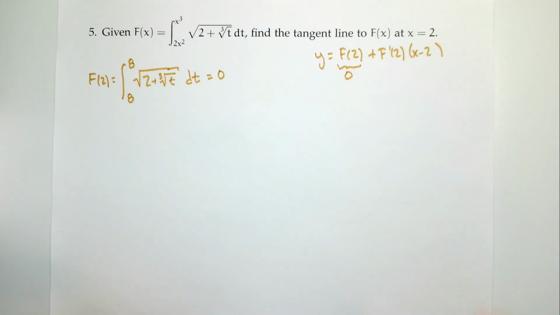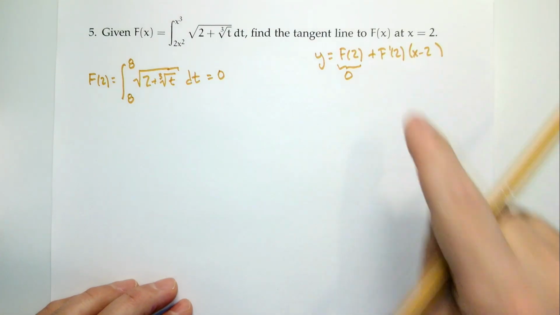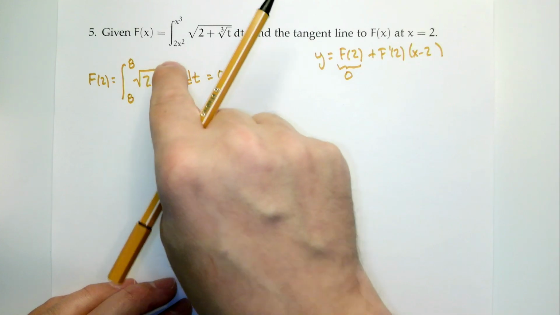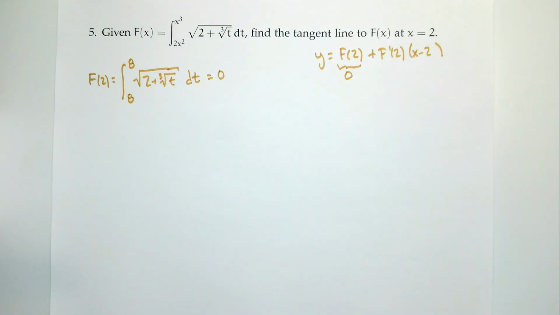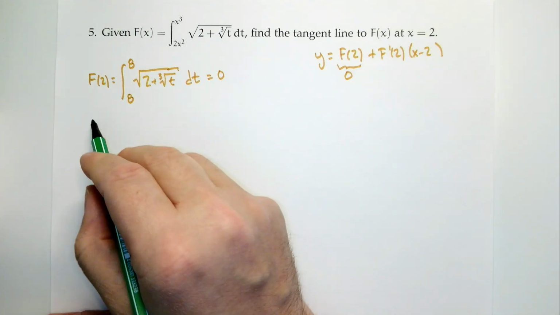Now we have to find the derivative. We know how to take derivatives, and in particular there's that fundamental theorem that says taking derivatives of integrals is pretty easy. Let's recall what our fundamental theorem says.